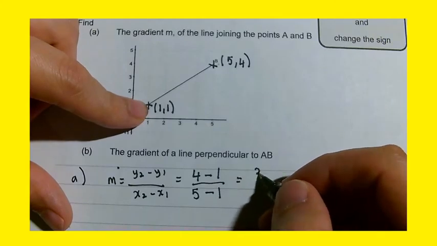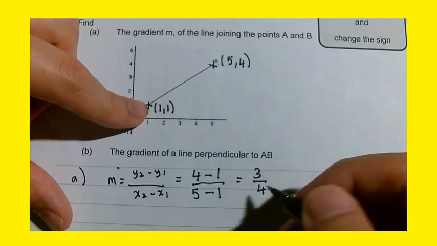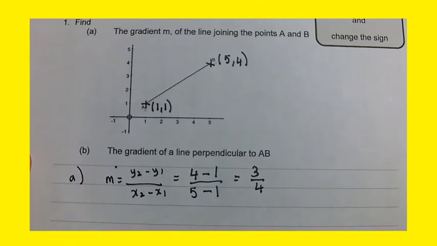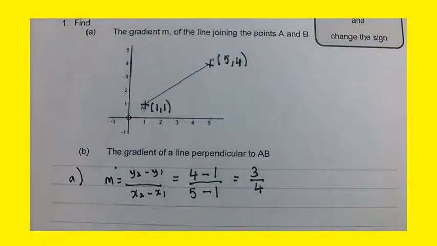So it's going to be 3 over 4. I know my answer looks correct because it's a positive gradient, and a positive gradient means the line is going up. A negative gradient would mean the line is going down.